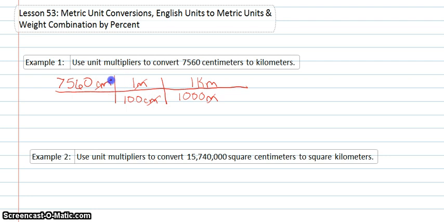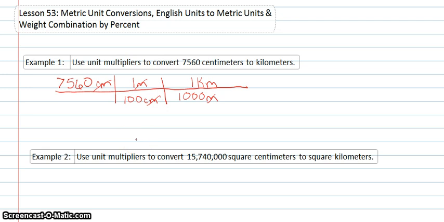Now you'll notice that when I'm making these conversions, if the unit is on top, then in the next step it's on the bottom. That's how I cancel my centimeters and my meters. They just keep rotating. If they're on top, they're on bottom. If they're on bottom, they'd be on top. For my class, I just have them leave their answer like this.